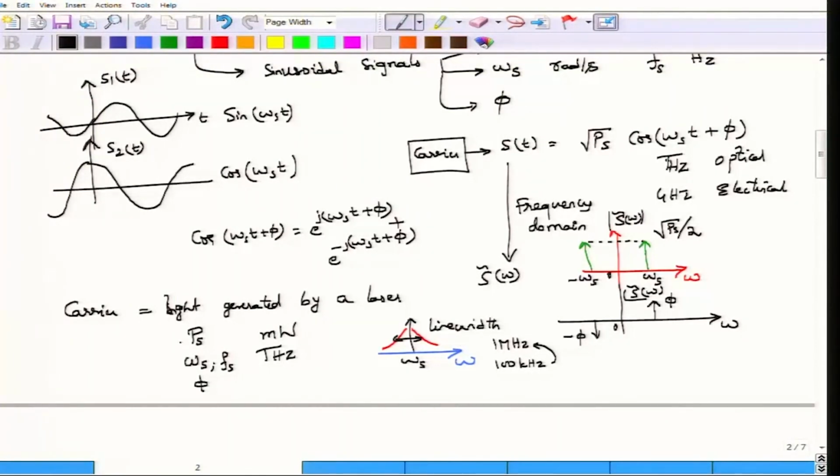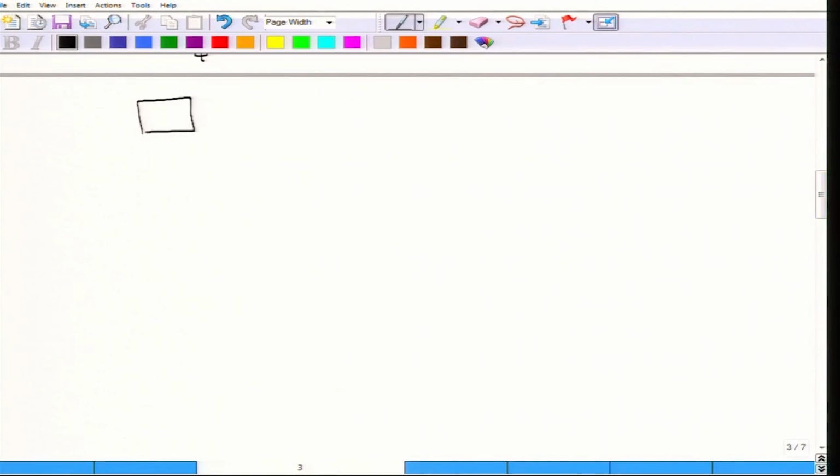Also, the power of the light wave that is generated from the laser will not be constant, but it would actually be fluctuating. So, this Δp(t) represents the random fluctuation. You would expect the laser to have a constant power, but it does not really have a constant power. It has an average power Ps, and around that there would be fluctuations. You can see these fluctuations assuming that you have an ideal photodetector.